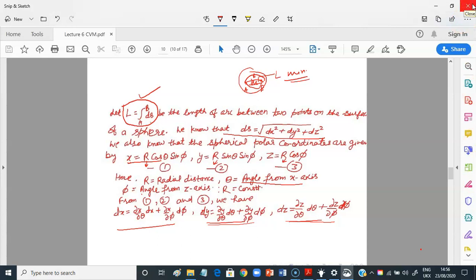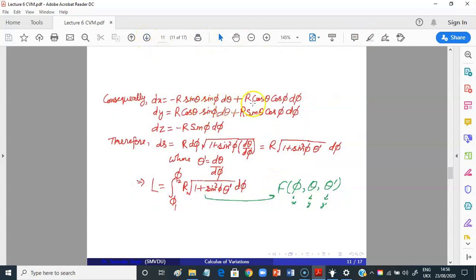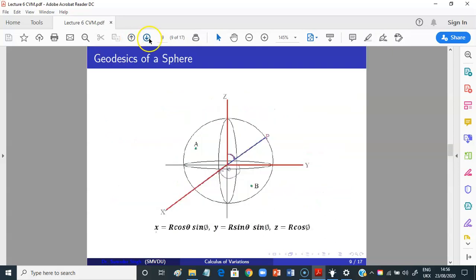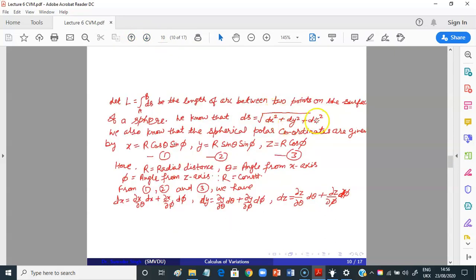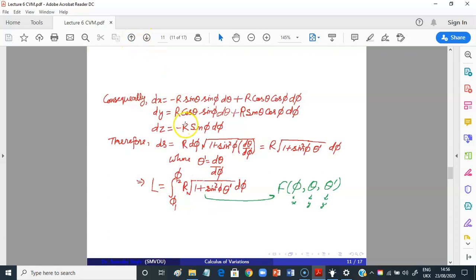So when the values of dx, dy, dz are obtained, dx comes out to be this, dy is this, dz is this. And then ds squared is equal to dx squared plus dy squared plus dz squared. Substituting the values over here, after simplification, ds comes out to be this.